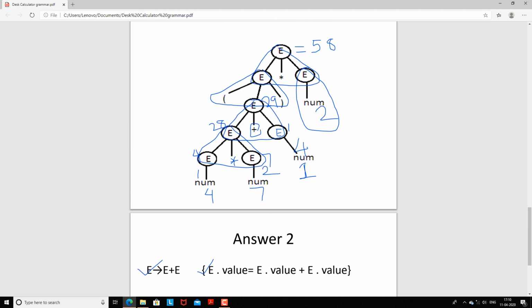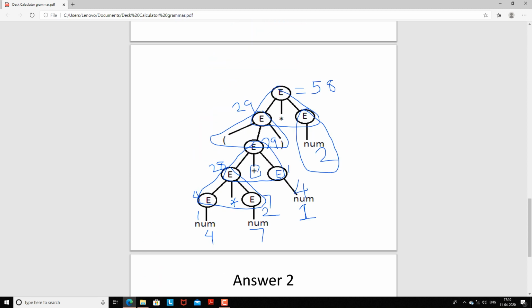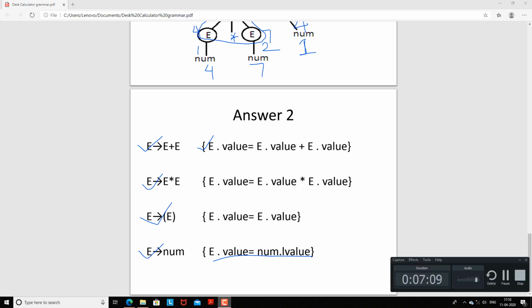So here the value is 29, and then the left child value is multiplied with the right child value. So here the SDT is already decided, E tends to E into E: E.value into E.value, and the value here is 58. So this is all about the SDT for the second question.